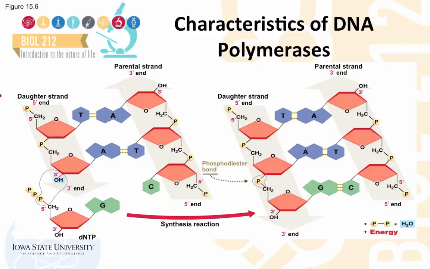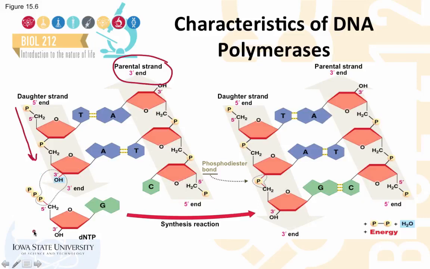DNA polymerase can work only in the 5' to 3' direction, meaning that if you consider this as the parental strand, DNA polymerase can synthesize or add nucleotides to a growing new DNA strand only in the 5' to 3' direction, which is anti-parallel to the parental strand.